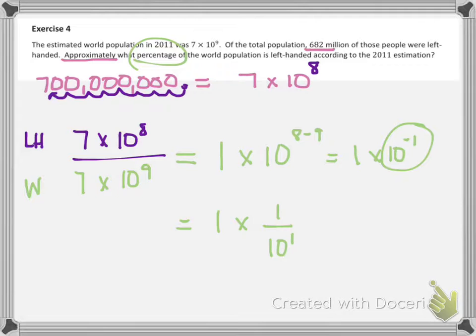And that's just 1/10, and 1 times 1/10 is 1/10. So 1/10 is the relationship of left-handed to the total world population, and then to get a percentage, that means per 100. So 1/10 is the same as 10%. So 10% of the world population would be left-handed.